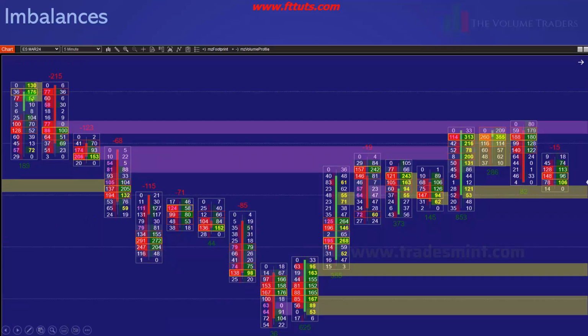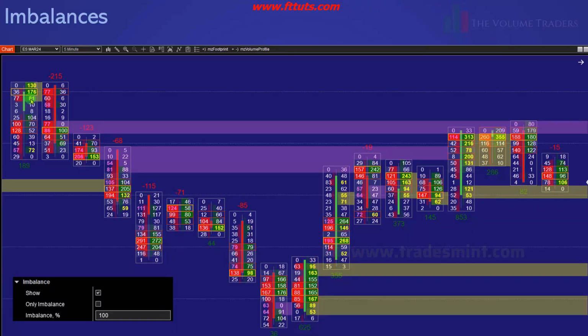So here 81 is marked on the buy side because it's way more than just 3. The 3 hit 81, and this is marked as an imbalance because it's a few times more than in my settings. And with all honesty, I need to admit here that to find more imbalances, I changed the value in the settings from 200 to 100. That was the second lesson about settings on my tools, on MZ Pack tools.